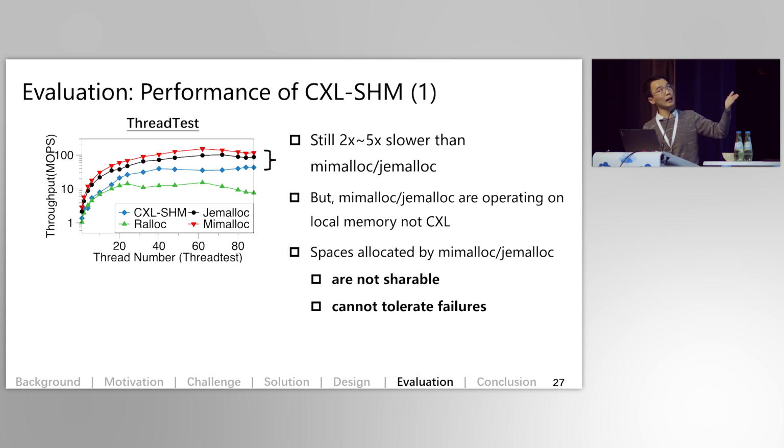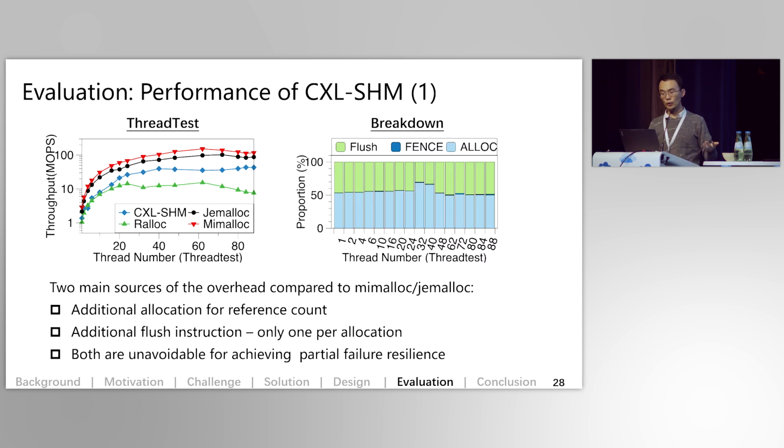To further understand this cost, we present a breakdown analysis. You can see that there are 2 main sources of overhead for our system. One is the additional allocation for the reference count, which is used in the automatic memory management.